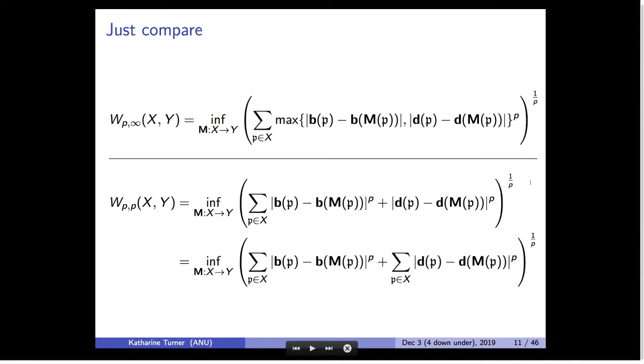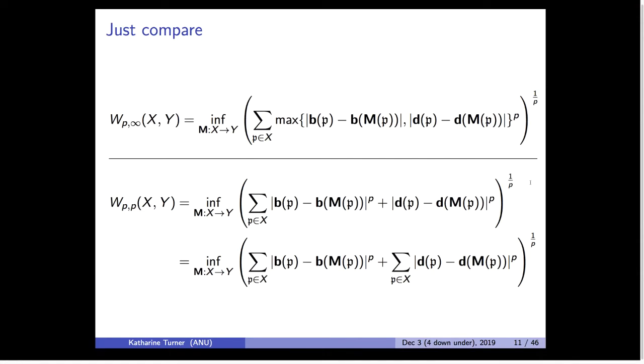So they actually split up. You have these two separate sums of p powers. So you really have something that looks more like an L^p norm generally, where I've split up the coordinates separately. And I personally think this is a much more attractive formula, but I guess that is a matter of taste. All right, so that's my first point.